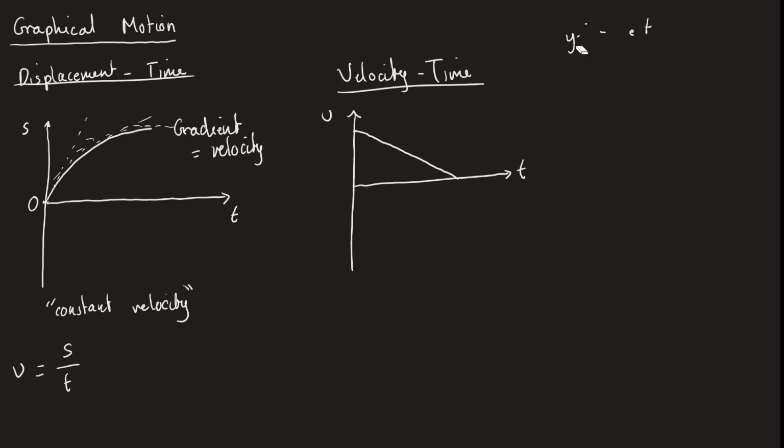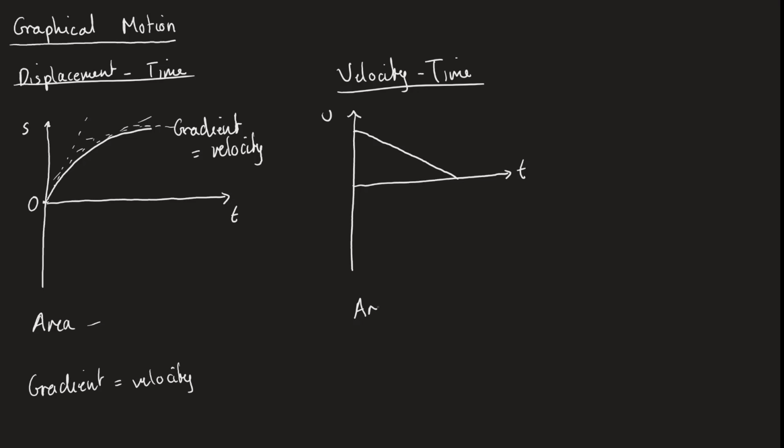Now, what is the gradient and the area for this? Well, let's actually make a list under each of them. So for a displacement time graph, the area means nothing, but the gradient is the velocity.